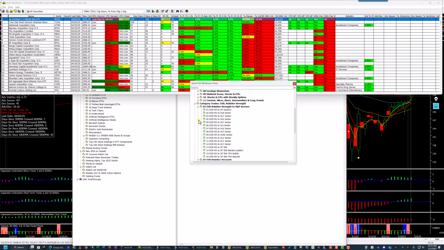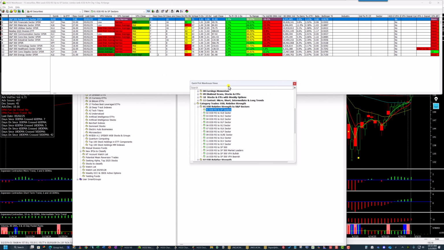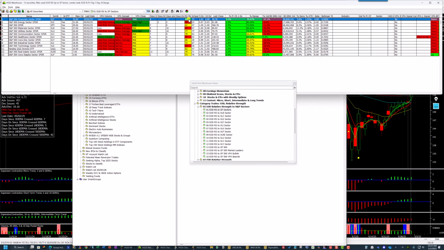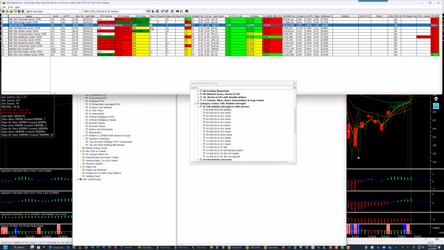This is the end of day relative strength to the S&P sectors, and you can see yesterday that based on the combo sort, the financial sectors did the best. Now looking down here at this, remember I pointed out that the stocks crossed over 8 days ago on the S&P 1500 and 7 days ago on the S&P 500.